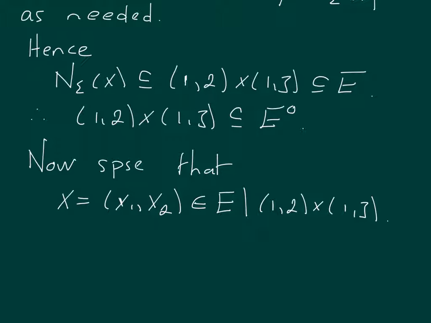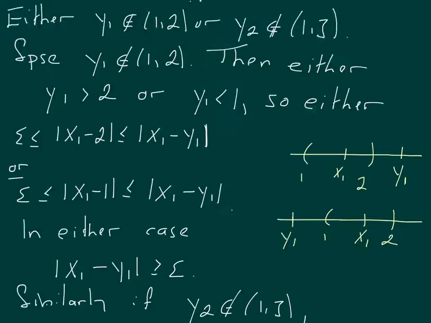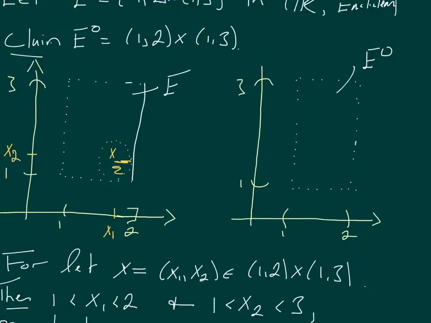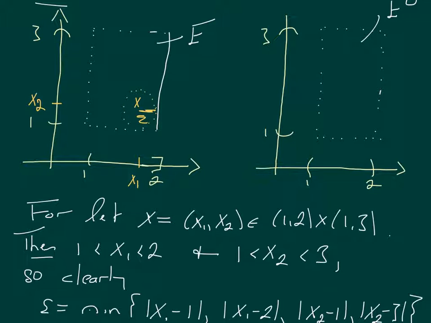Well, what does that mean? Well, that means that if you look way back up here at our picture, if we have a point that's in E, but it's not in this set here, then in fact we have a point that's somewhere along this line here. So let's go down and draw a picture of our point in this set.